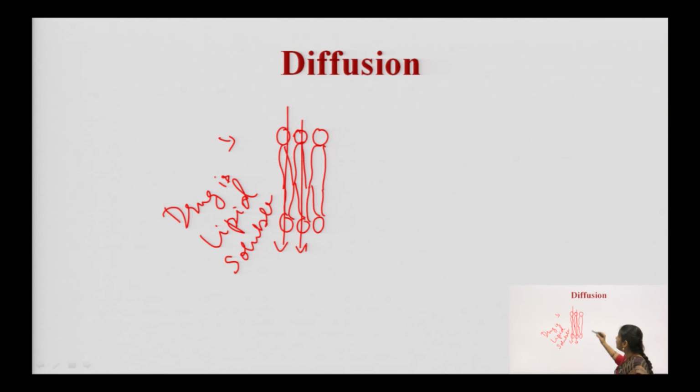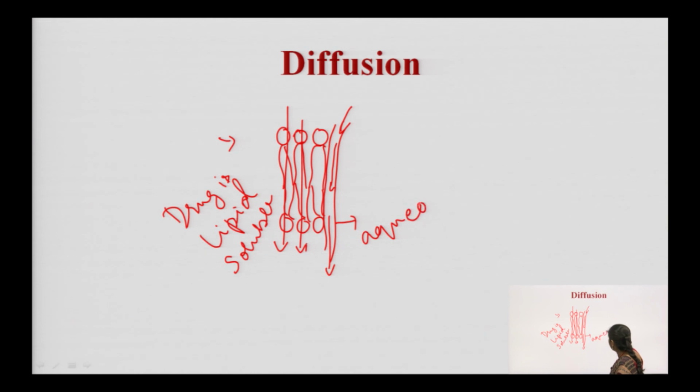In this phospholipid membrane, there are also some aqueous channels. If your drug is polar in nature, then it can pass through this aqueous channel. So, it depends on the nature of the drug.